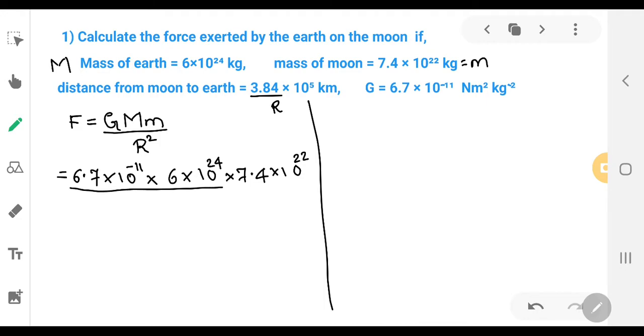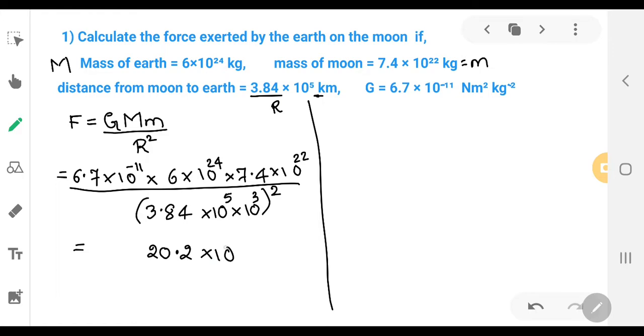The whole thing divided by R value, which is 3.84 into 10 to the power 5, but the value is in kilometers, so it should be converted into meters. So the kilo value is 10 to the power 3. Altogether it becomes 10 to the power 8, the whole square. So when you substitute and calculate, you are going to get the value 20.2 into 10 to the power 19 Newton.